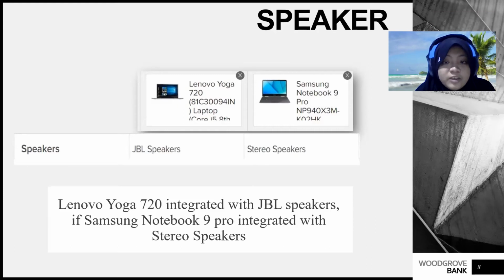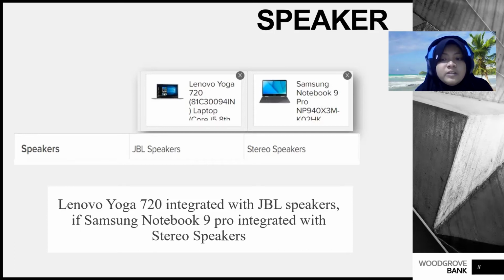Okay, thank you, Siswi. Next, I will explain about speaker. Speaker is an output hardware device that connects to a computer to generate sound. On these two laptops, Lenovo Yoga 720 is integrated with a GPL speaker, while Samsung Notebook 9 Pro is integrated with a stereo speaker.